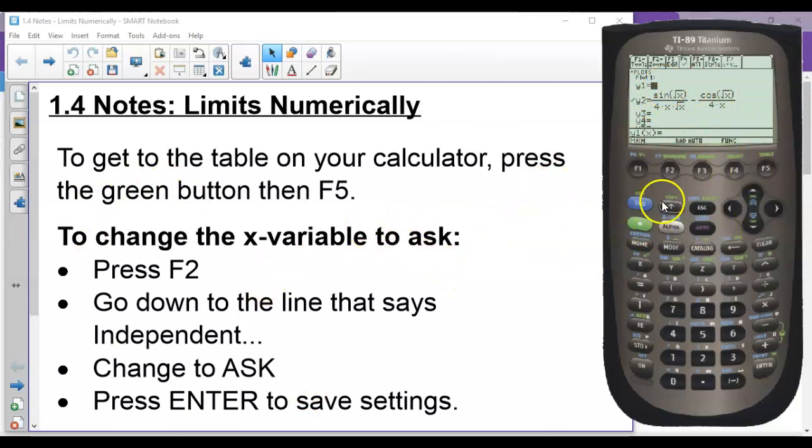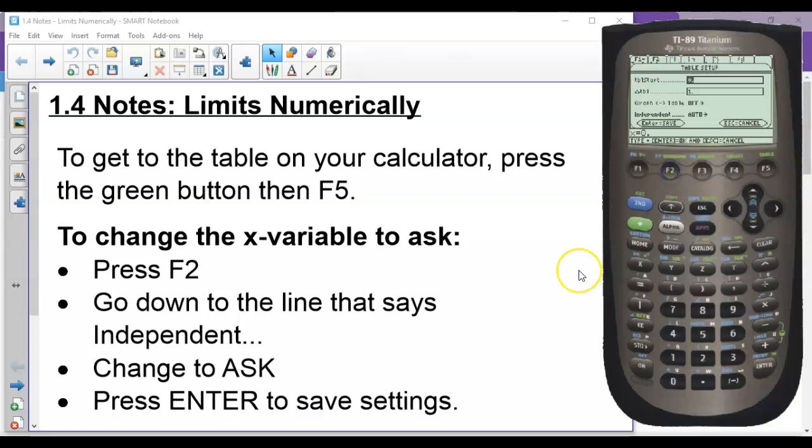Another thing that can be helpful: if we go back to table and press F2, which is setup, the thing about the TI-89 is these tabs can change depending on which section you're in. If you go to F2, setup, and go down to the line that says independent, that's your independent variable. If you change that to ask, so go down to number 2 and hit enter, and on the TI-89 you have to hit enter to save.